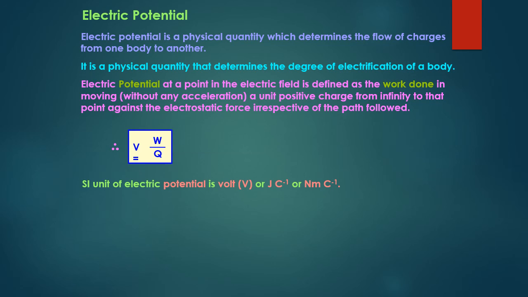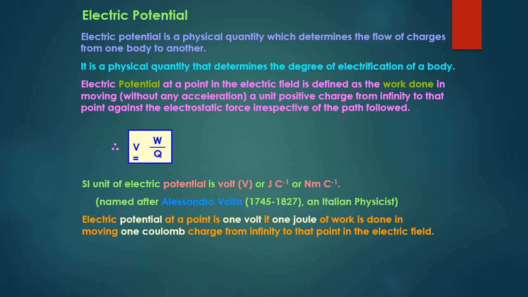So we can also represent volt as joule per coulomb or newton meter per coulomb. Electric potential at a point is 1 volt if 1 joule of work is done in moving 1 coulomb of charge from infinity to that point in the electric field. Friends, this is the definition of 1 volt.